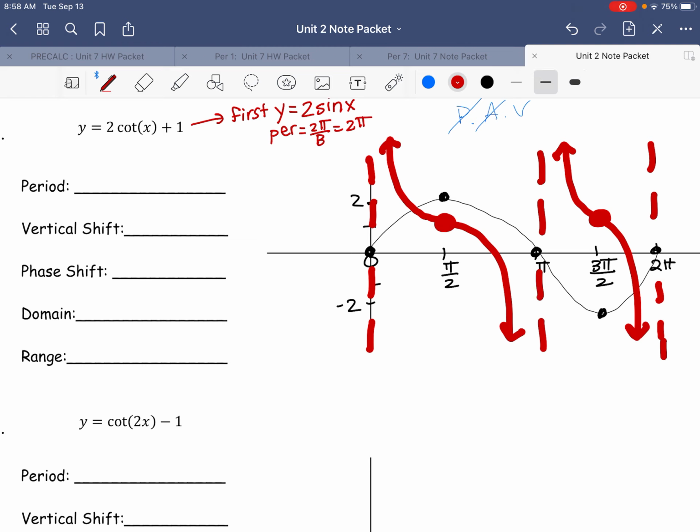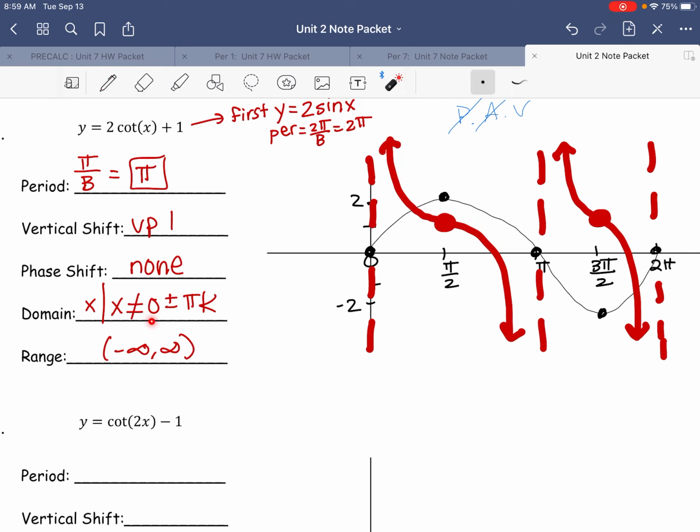Okay, try to fill this out. Check your domain and range with mine. You do not need a 0 here. If your asymptote's at 0, you don't need to repeat that right there.